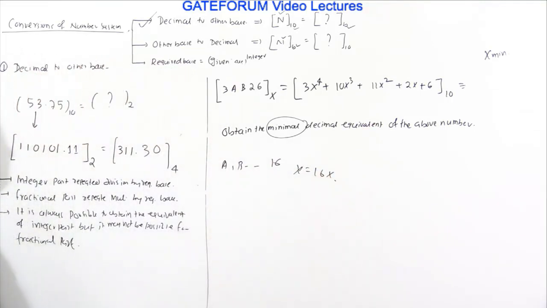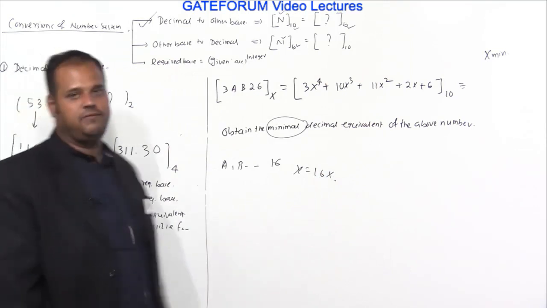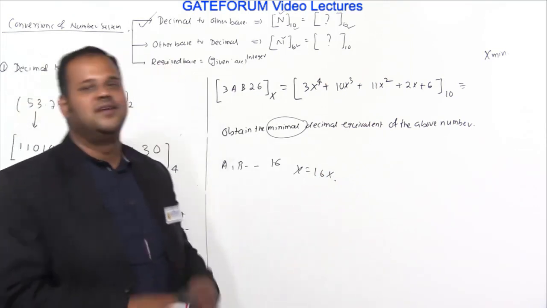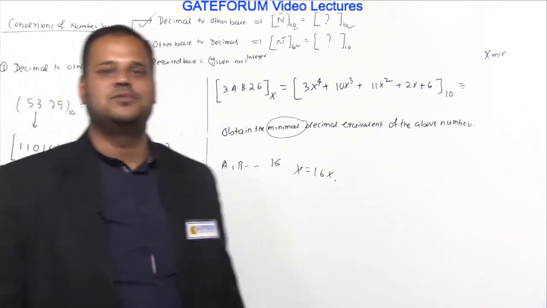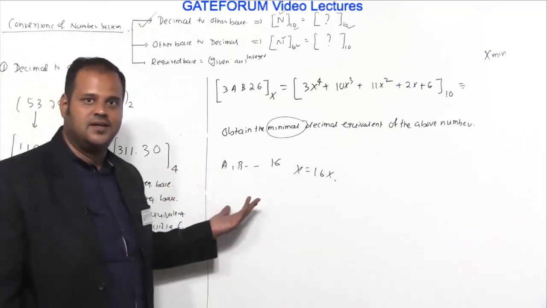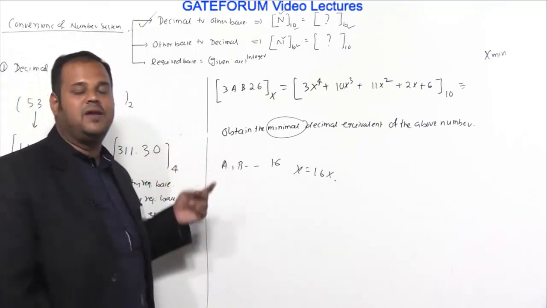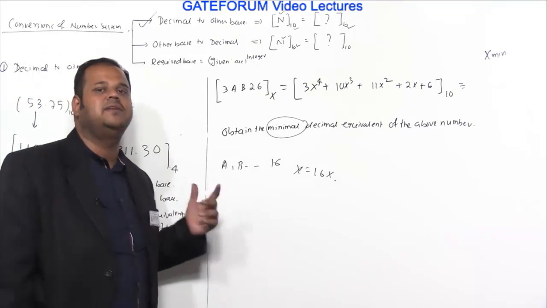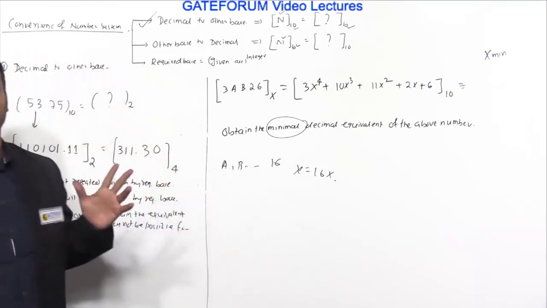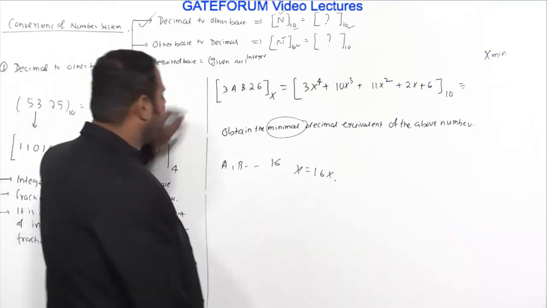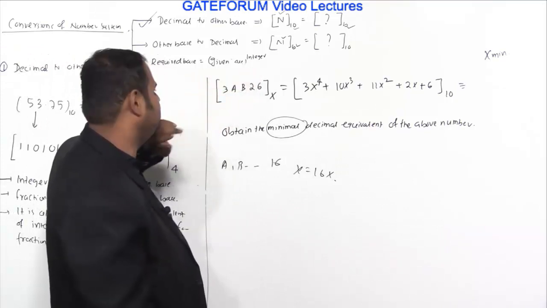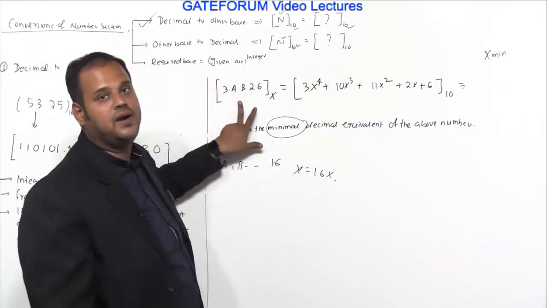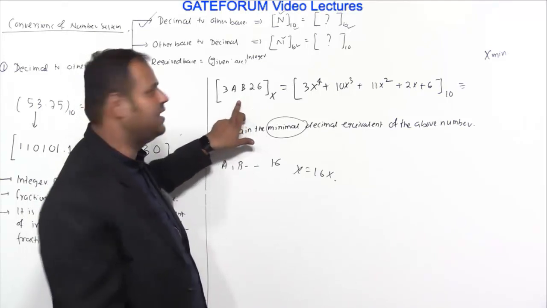Base 16 is a very popular number system. We deal with it very frequently, but that doesn't mean there cannot be other number systems which can hold this A, B, etc. As I said, if the number is base x, the maximum digit present is x minus 1. Now here the maximum digit present is B. B is 11, A is 10.